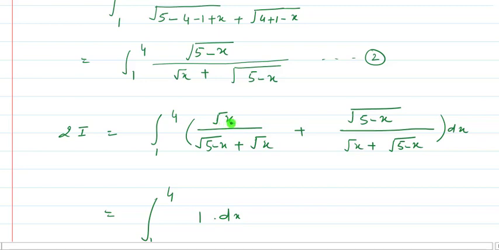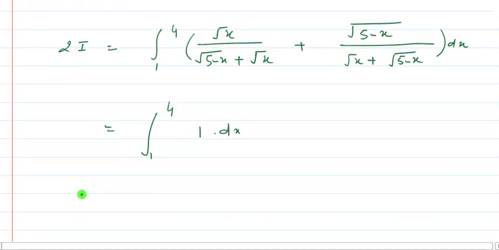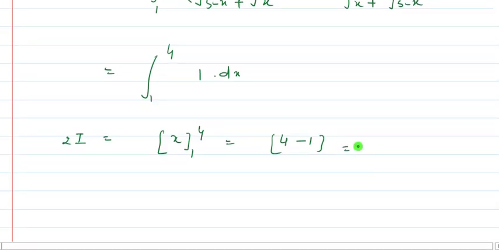Why? Because it is root x plus root 5 minus x, which is the same as the denominator, so both get cancelled. So let me write 2I first of all. The integration of 1 is x, applying the limit 1 to 4, so clearly we have 4 minus 1, which gives 3. So the value of I that we get is 3 upon 2 simply.